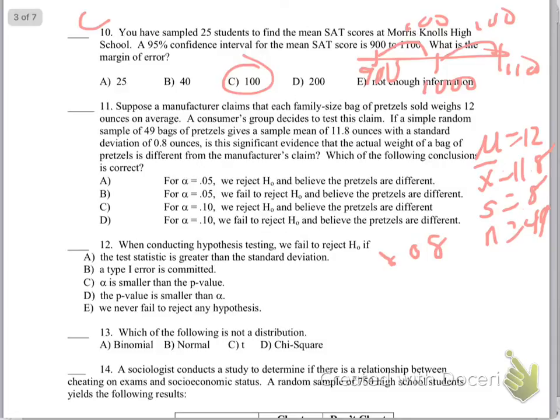So if I get a p-value of 0.08, if alpha is 0.05 and 0.08 is greater, then we would fail to reject. So it's not A.